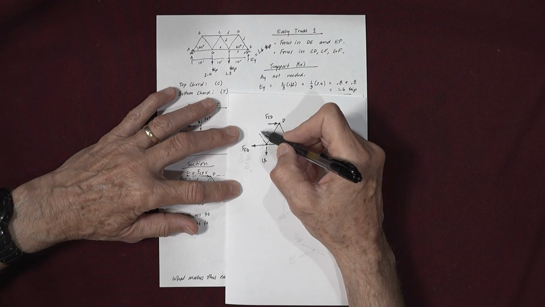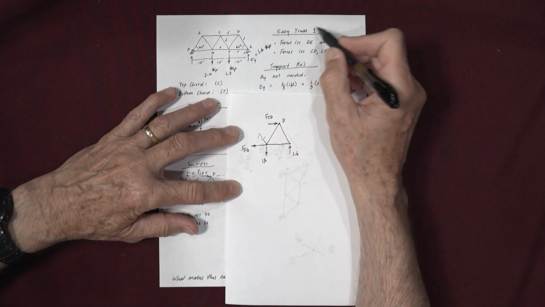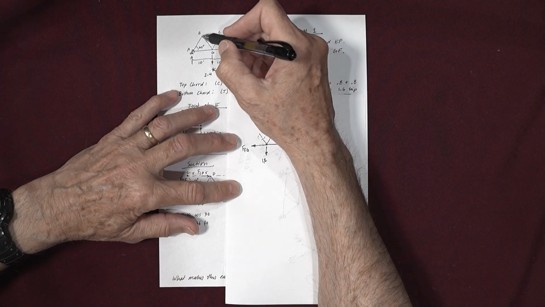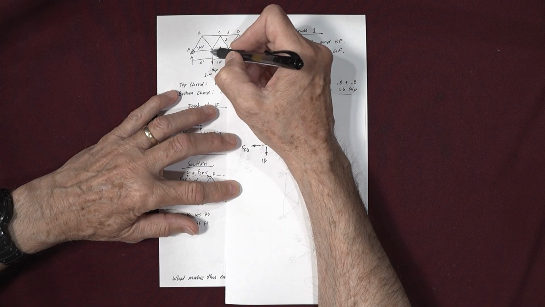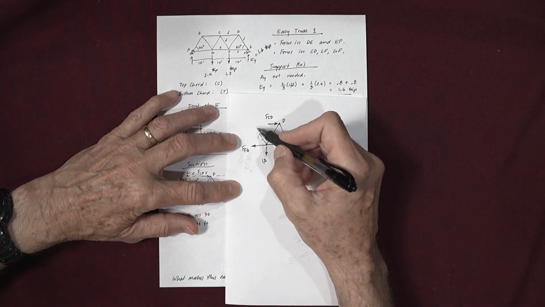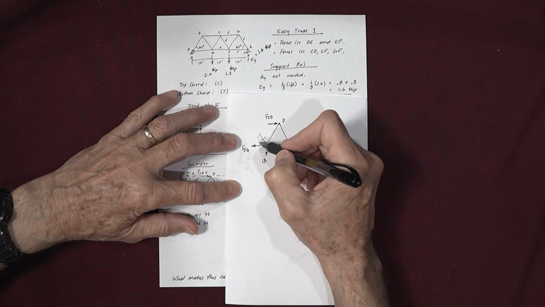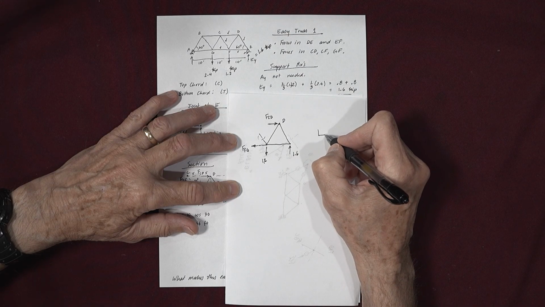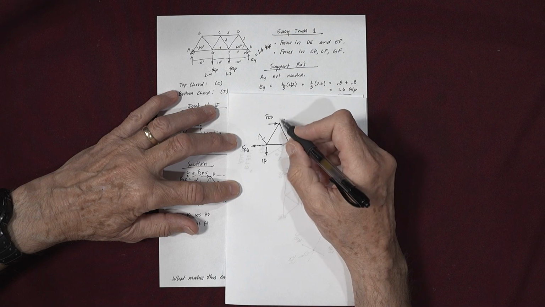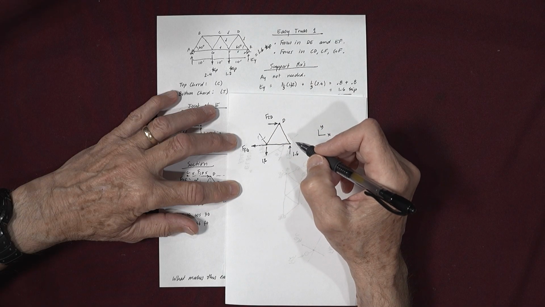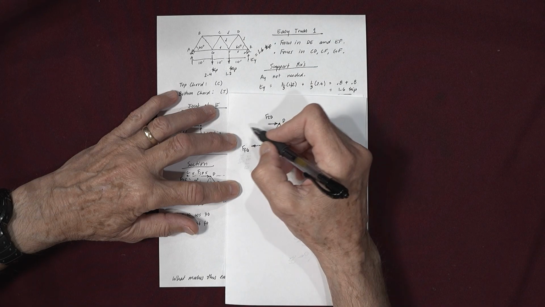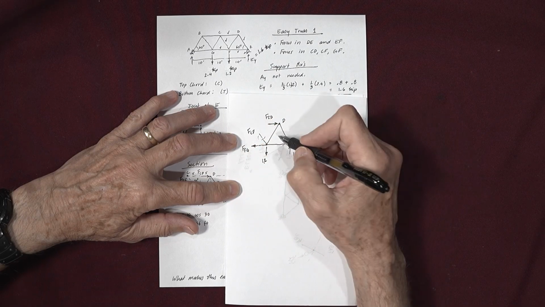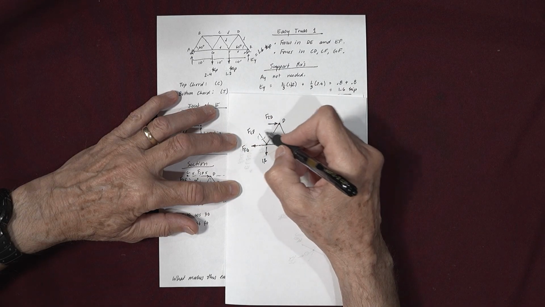Finally, this guy here. I call this an easy truss. One of the things that makes this truss easy is that the top chord is parallel to the bottom chord. When you draw this free body diagram, this guy and this guy are parallel. And so when you think about the y equation for this free body diagram, the only unknown with a y component is FCF.